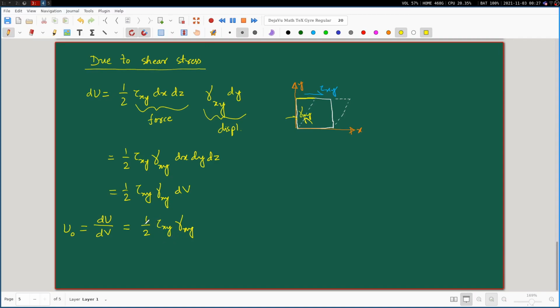So with this knowledge regarding the strain energy density associated with the normal stresses and the shear stresses, we are now in a position to specialize to specific cases for writing the strain energy density for various types of loading. Okay.